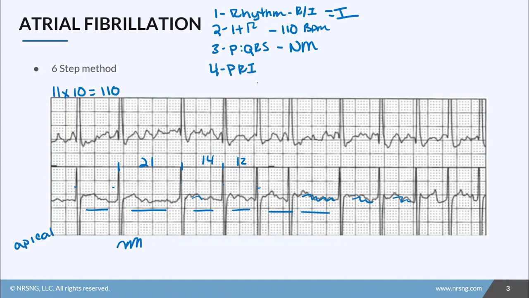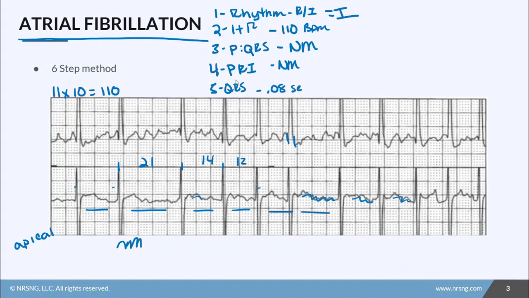And again, because there are no identifiable P waves, this would also be not measurable. Step 5 would be the QRS complex. So let's do this one from here to here. So we have about 2 boxes. So that would be 0.08 seconds. And that would be within the normal range. And then in step 6, it would be to identify the rhythm, and it would be atrial fibrillation.